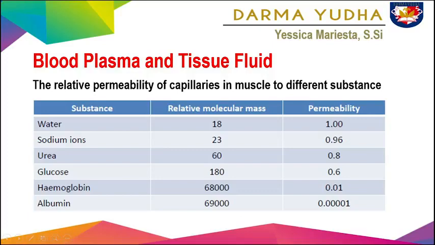The volume of fluid which leaves the capillary to form the tissue fluid is the result of two opposing pressures. Particularly at the arterial end of the capillary bed, the blood pressure inside the capillary is enough to push fluid out into the tissue.